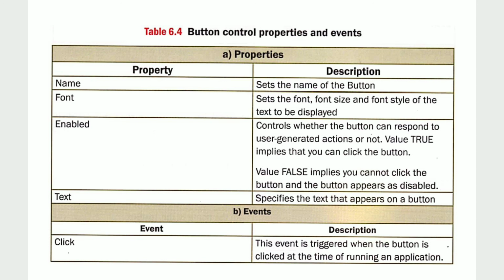This click event is activated when the user clicks the command button. This event occurs when the button is clicked in runtime, at the time of execution of any program.